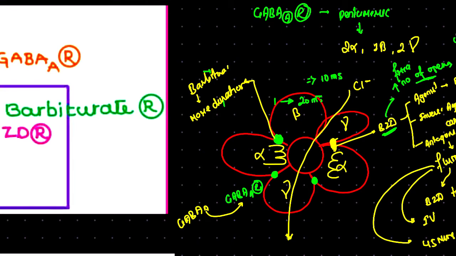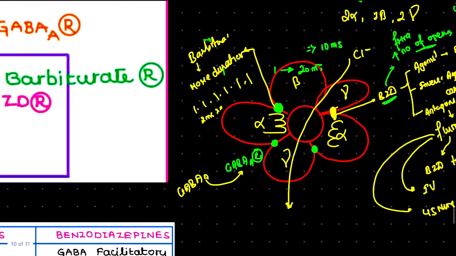For example, before giving barbiturates it was opening 5 times, 1 2 3 4 5 times, right? Suppose the duration was 2 milliseconds. Now this duration will increase. The frequency, the number of times, is the same, but it will open for 4 milliseconds. That means 5 times 4 is 20 milliseconds. It works like this.